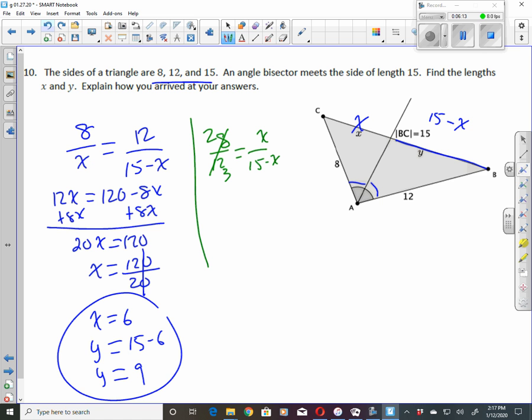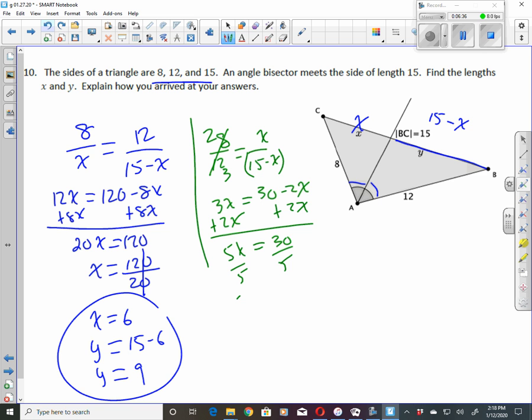Now I told you I'd work it two different ways. Cross multiplying with smaller numbers, you tell me if this is easier. 3x equals, and I'm going to distribute as I go, 30 minus 2x, plus 2x, plus 2x. 5x equals 30. Divide by 5. x is equal to 6.